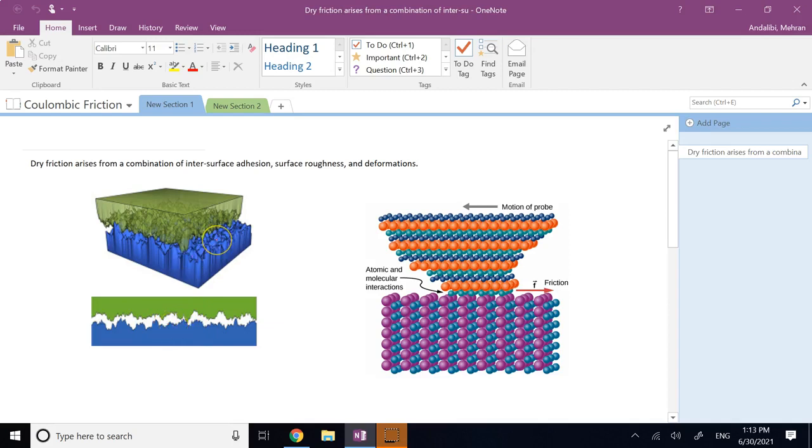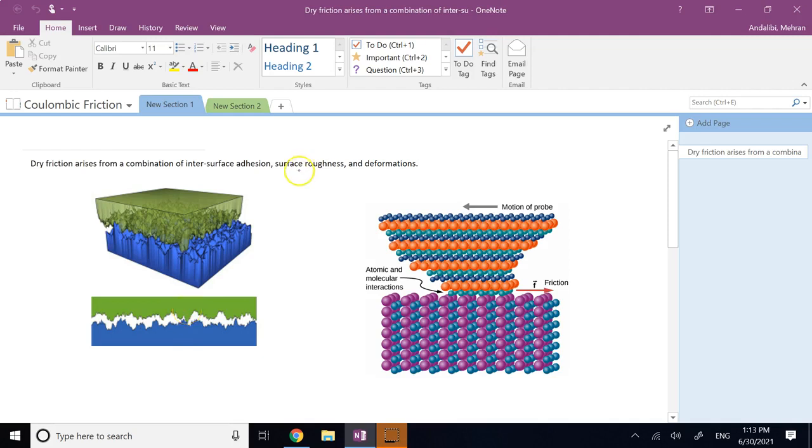When you move one object with respect to the other, these irregularities hinder the motion and apply a force opposite to the potential or active direction of the motion. So that's one of the main reasons that this Coulombic friction comes into existence.